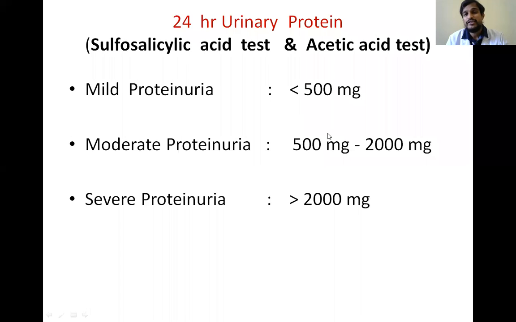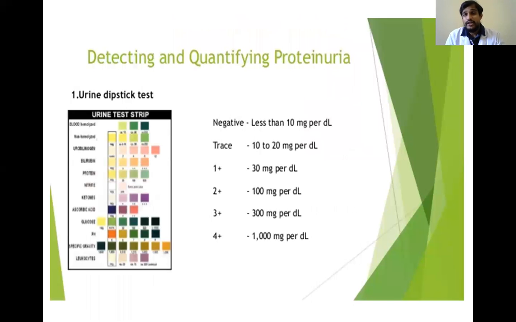Depending upon which we can categorize the proteinuria so that we can plan the treatment. And we know by using multi-strips and chemi-strips, we can categorize the proteinuria as 1+, 2+, 3+, 4+, depending upon the protein excreted in the urine. In this way also, we can classify or categorize the proteinuria.